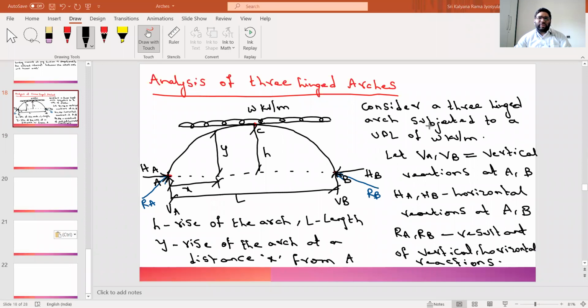Now we need to use the basic equations of equilibrium. That is one important thing that we need to consider.